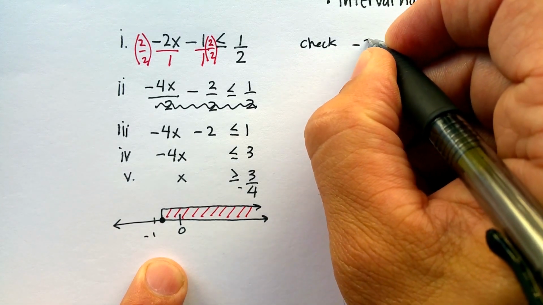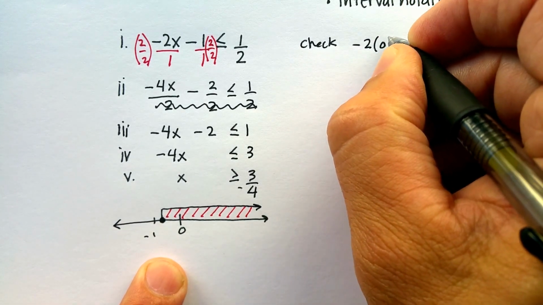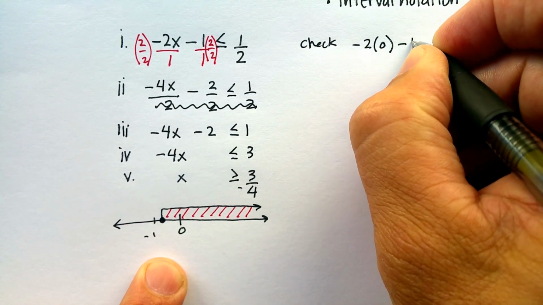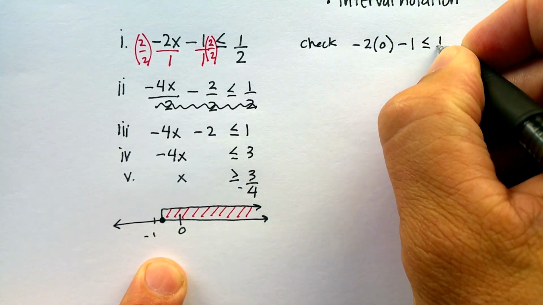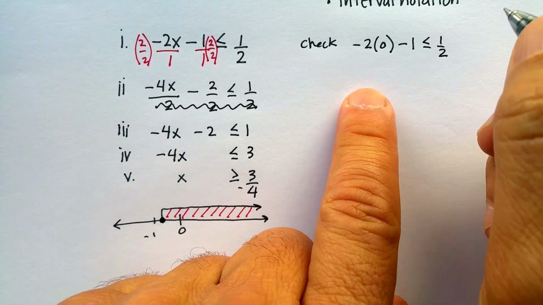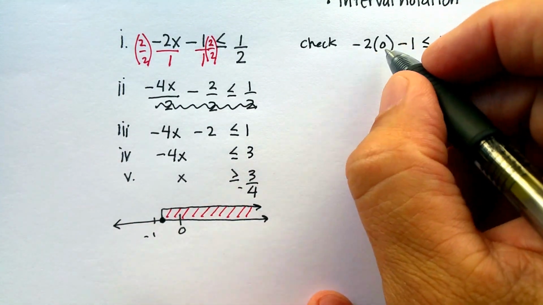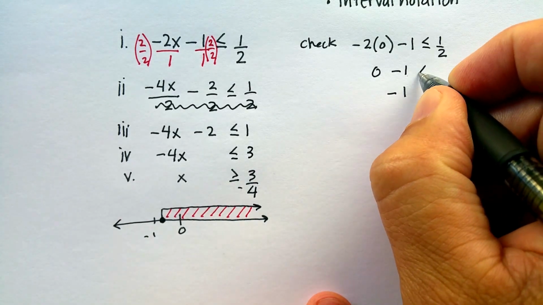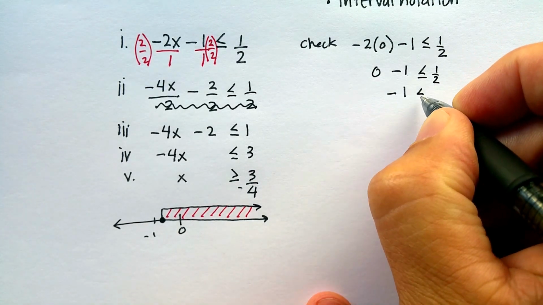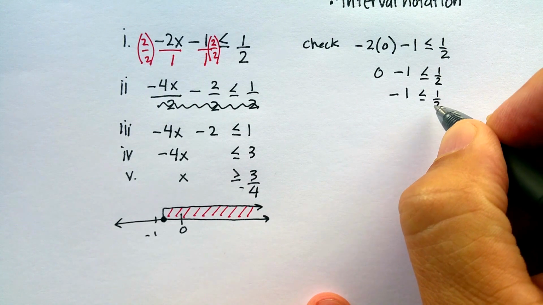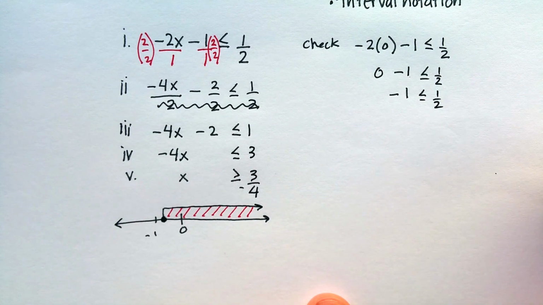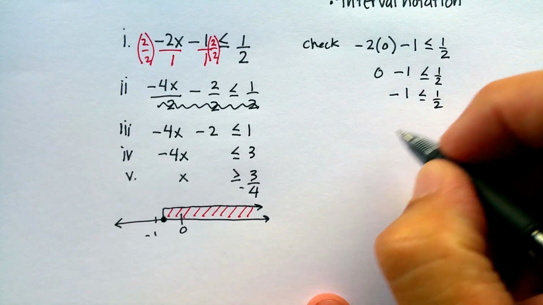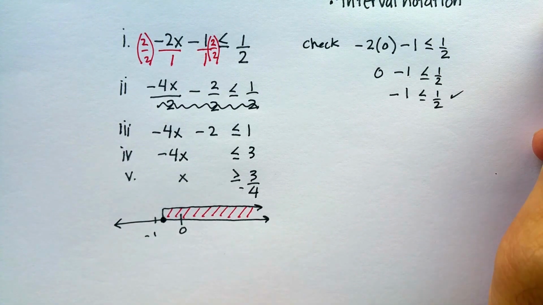So I'm going to say negative 2, I'm going to replace the x with 0, minus 1 is less than or equal to 1/2. Let's see if that's true, okay? Negative 2 times 0 is 0 minus 1. That just gives me negative 1. Is negative 1 indeed less than or equal to 1/2? And it is, isn't it? So I know that this answer is probably correct.